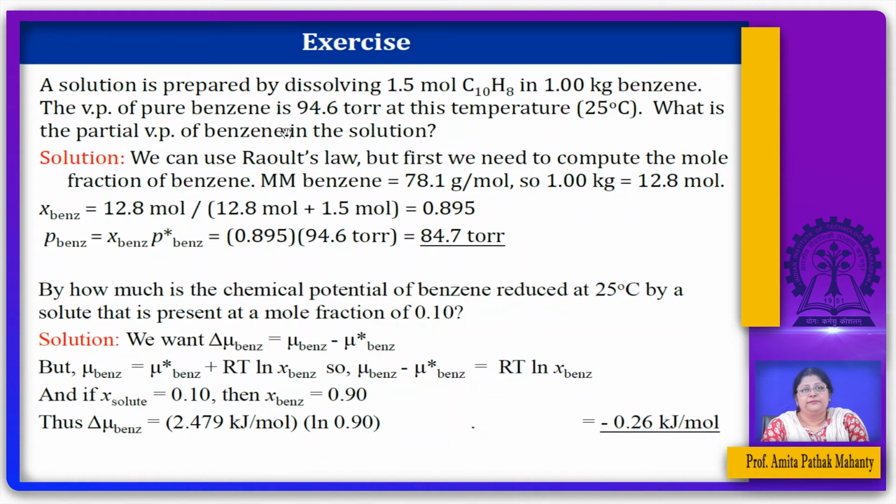So what you need to find out is the mole fraction. Right? All in this expression, we need to find out the mole fraction. You need to know the molecular mass of benzene. Can you do it?